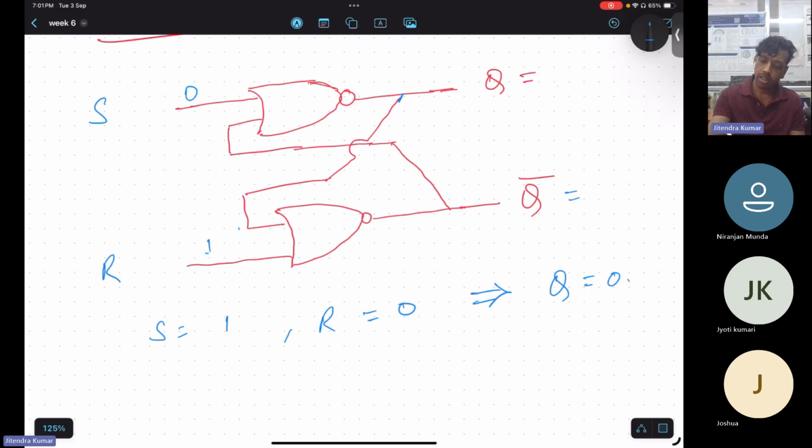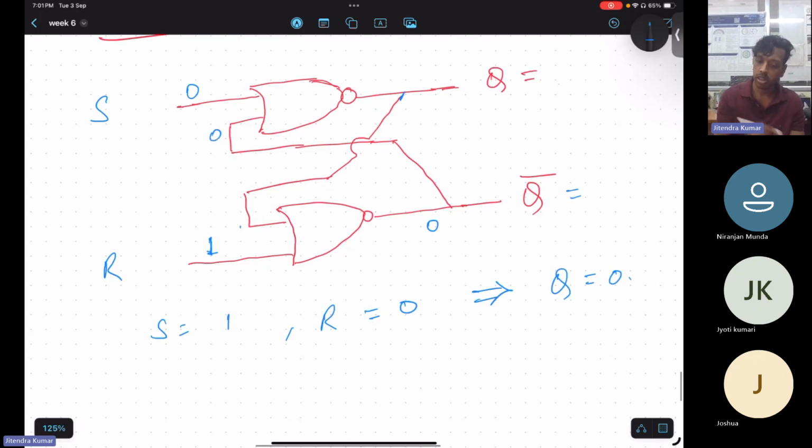If 0 is fed here, we don't know whatever will come out, but we can make sure on the R hand side that if 1 is here, anything NORed with 1 is going to produce 0, and this 0 will come out here, and this 0 in the NOR will give you 1.